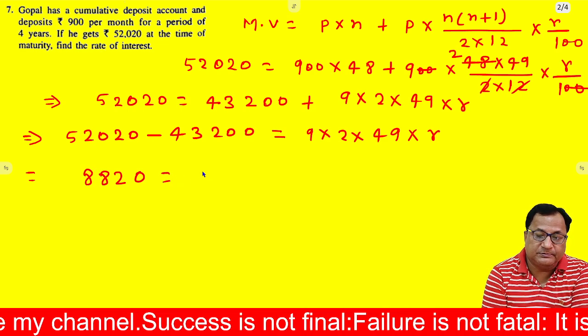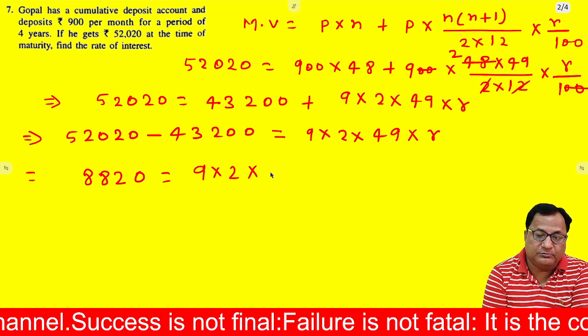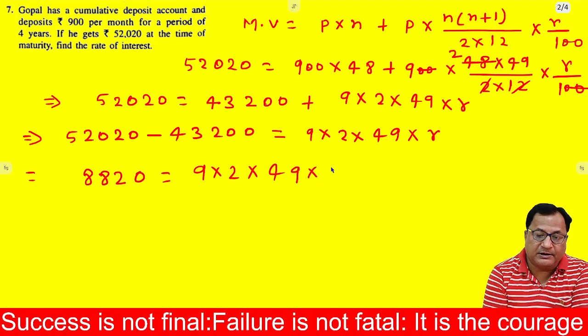This is equal to 9 into 2 into 49 into R.